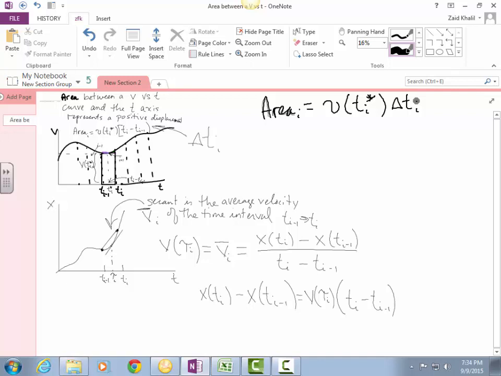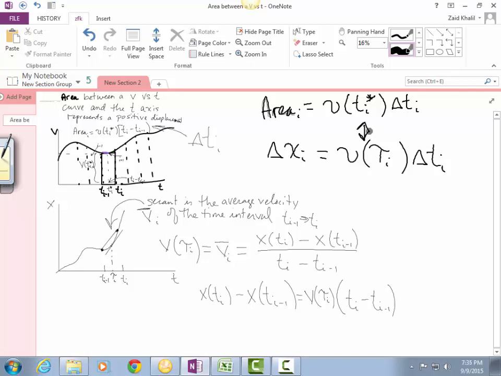And we have the displacement, delta x_i, is equal to v of tau i times delta t_i. So now the question is, how are these two equal? In other words, they would be equal if these two velocities were equal.